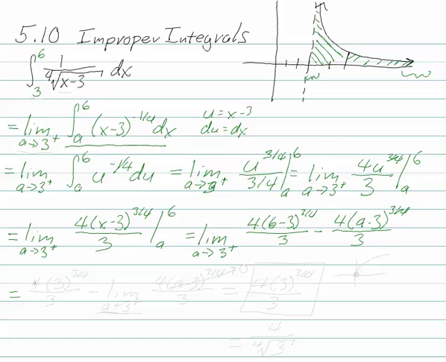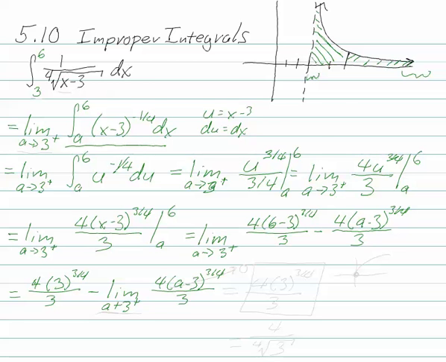So the left side is 4 times 3 to the 3/4 over 3, which I could simplify and make it just a 3 to the 1/4 in the denominator, but that's not the relevant part. The relevant part is we have minus the limit as a approaches 3 from the right of 4 times (a minus 3) to the 3/4 over 3.